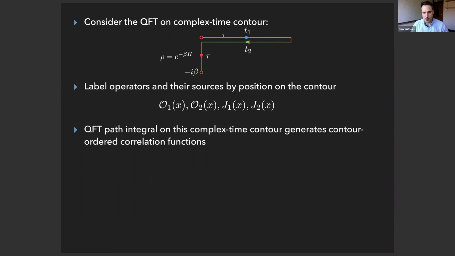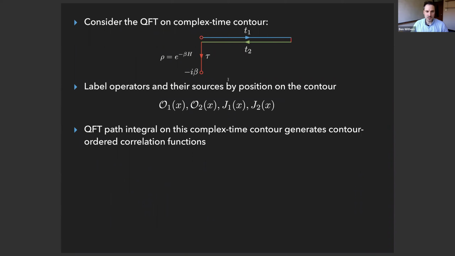When we insert our operators or turn on sources, they are labeled by where we insert them in this contour. They'll either appear on segment 1 or on segment 2, so we label them as operator on 1 or operator on 2, or source on 1 or source on 2.